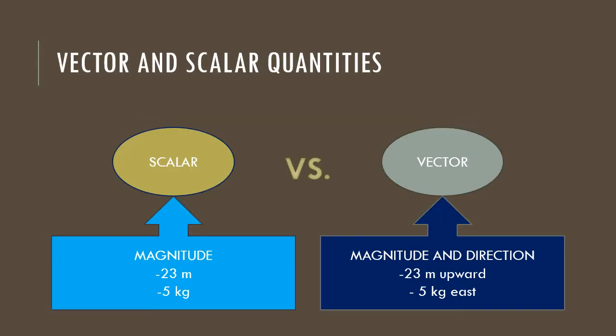So, ano nga bang pinagkaiba ng scalar sa vector? Ang scalar ay merong magnitude, for example, 23 meters and 5 kilograms. While vector, meron itong magnitude and direction, for example, 23 meters upward and 5 kilogram east.